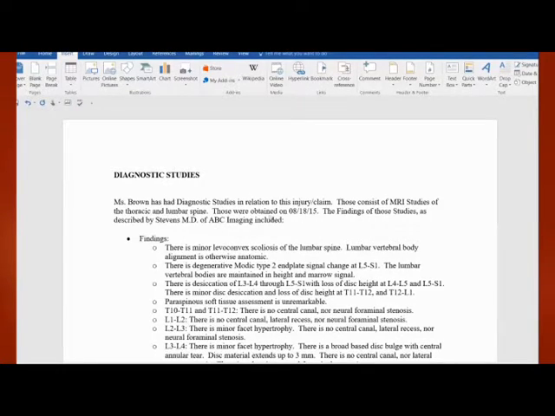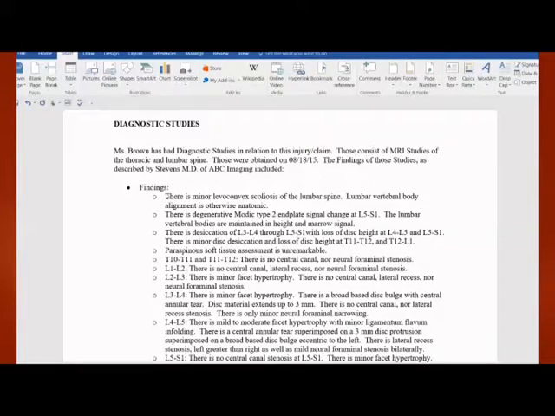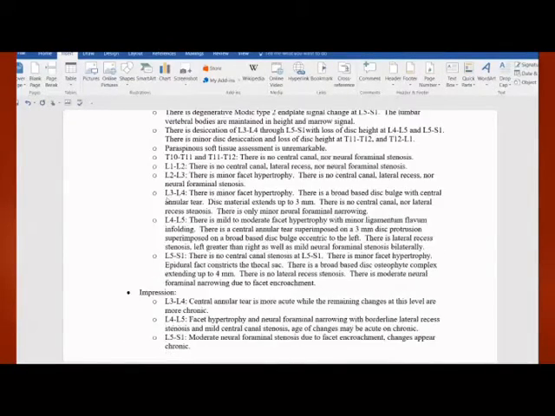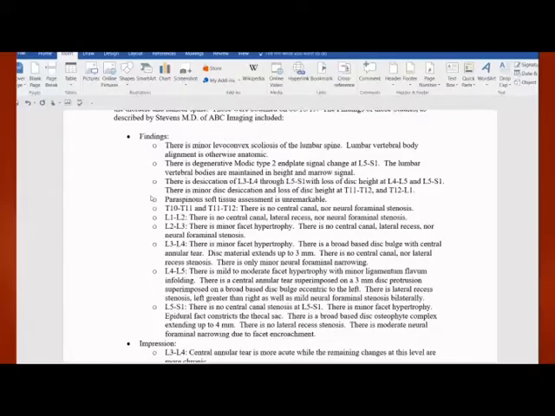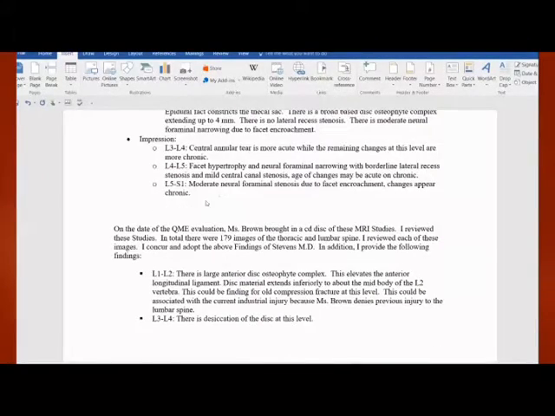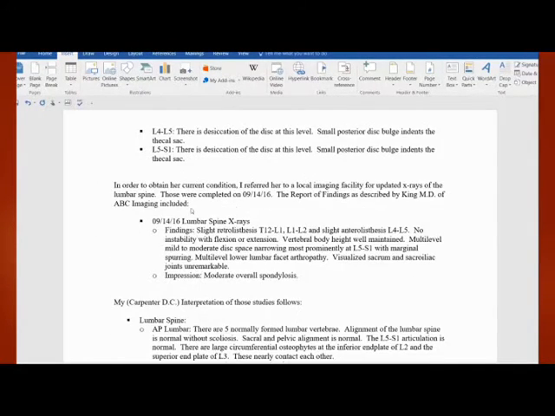So, for example, here are the findings of some prior MRI studies. And in this case, that's basically it. And then on the date of this evaluation, I referred her for updated x-rays of the lumbar spine. So those are what we're going to review right now.